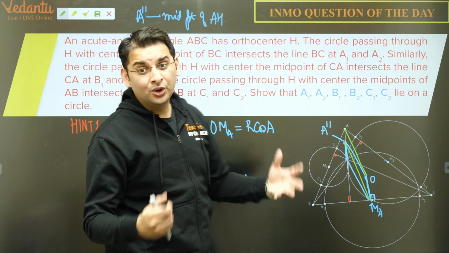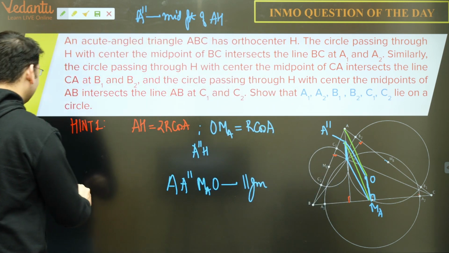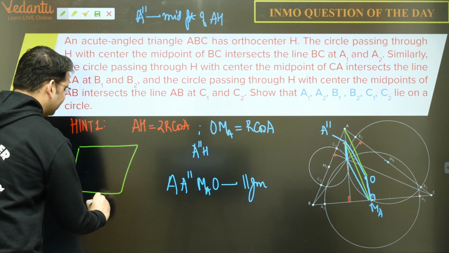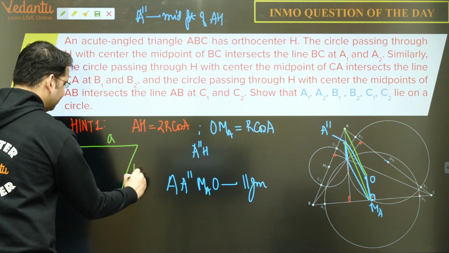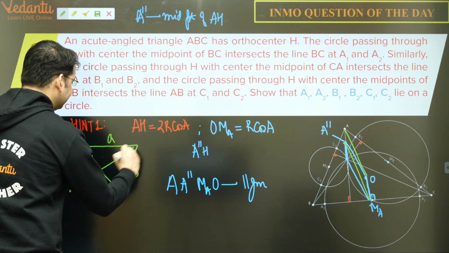And we also should know that the sum of the squares of the diagonals in a parallelogram, so this is A, this is B, this of course will be A, this of course will be B, and let's say the length of one diagonal is D1 and the other diagonal is D2.